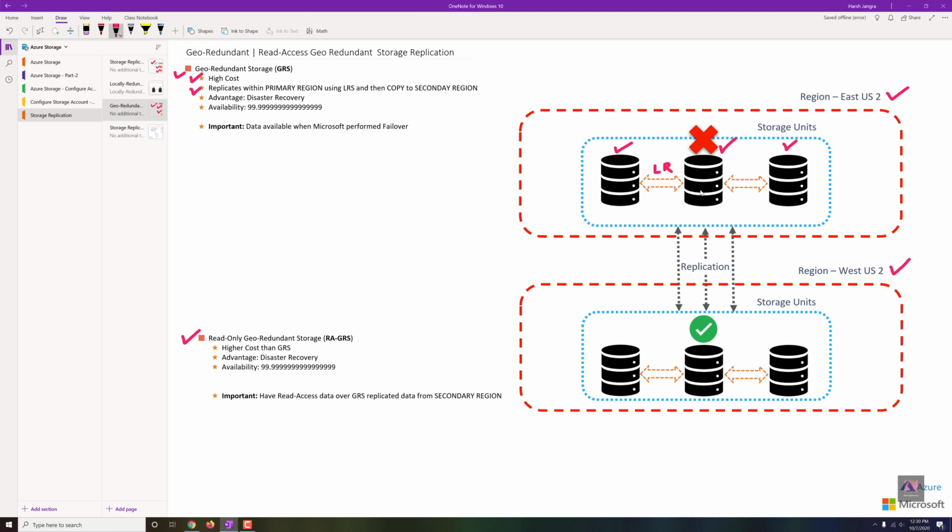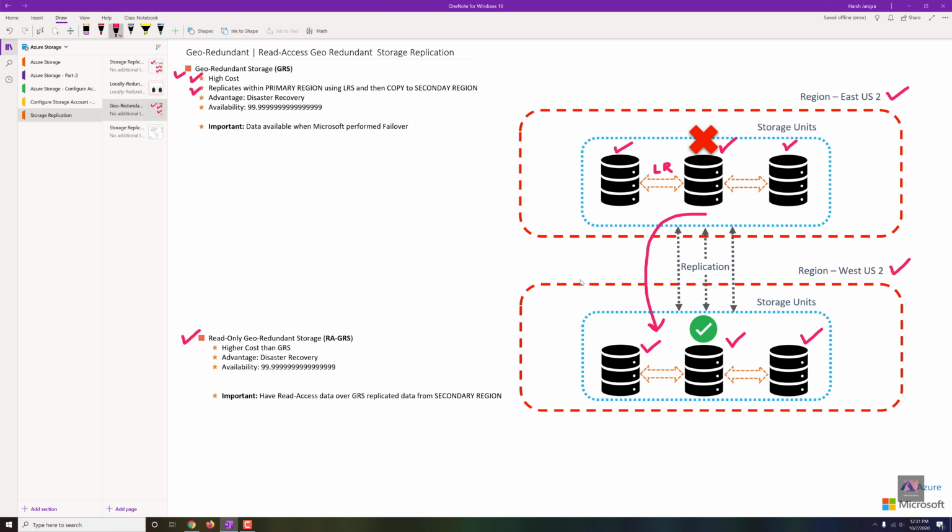As soon as it has been copied successfully, GRS then copies these 3 copies of replicated data into 3 other storage units in the other region. For example, from EastUS2 it has 3 copies, and it copies the 3 copies to the storage units in another region, which is WestUS2. So obviously, if the whole primary region is down, don't worry guys.